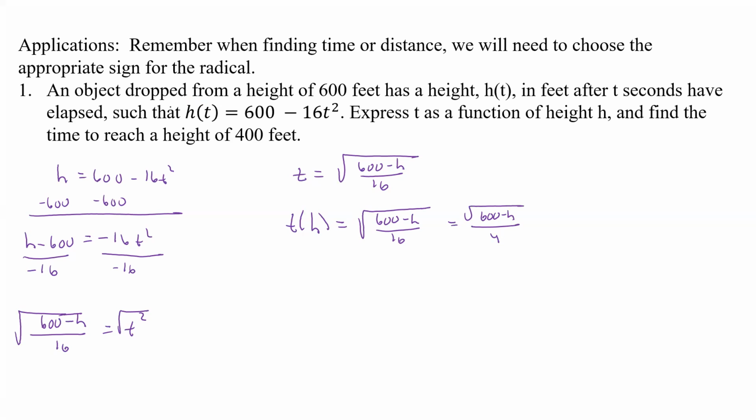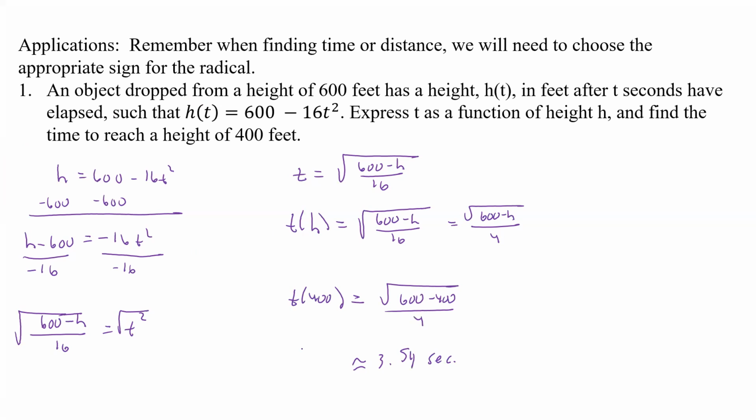Now it says, find the time to reach a height of 400 feet. Well, that says find t of 400. So we just say that's the square root of (600 minus 400) divided by 4. If we do that, 600 minus 400 and then divided by 4, we get 3.535, so we'll call it approximately 3.54 seconds.